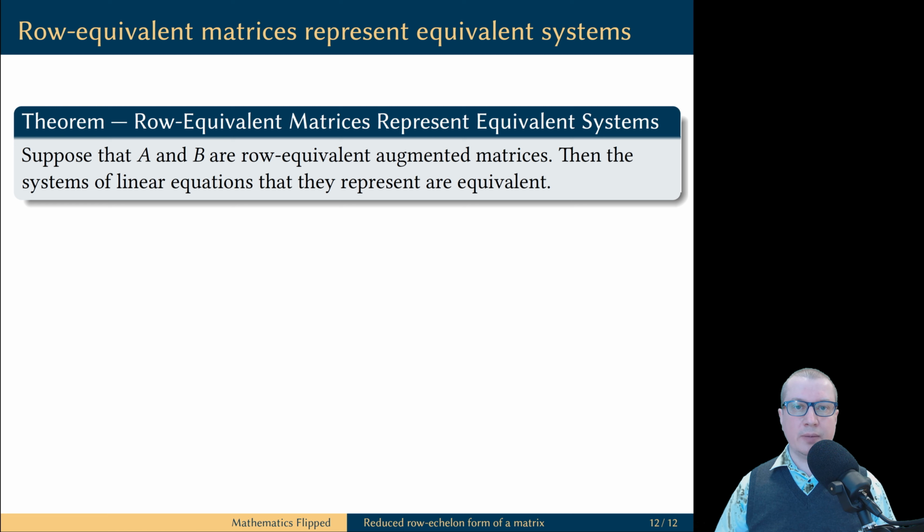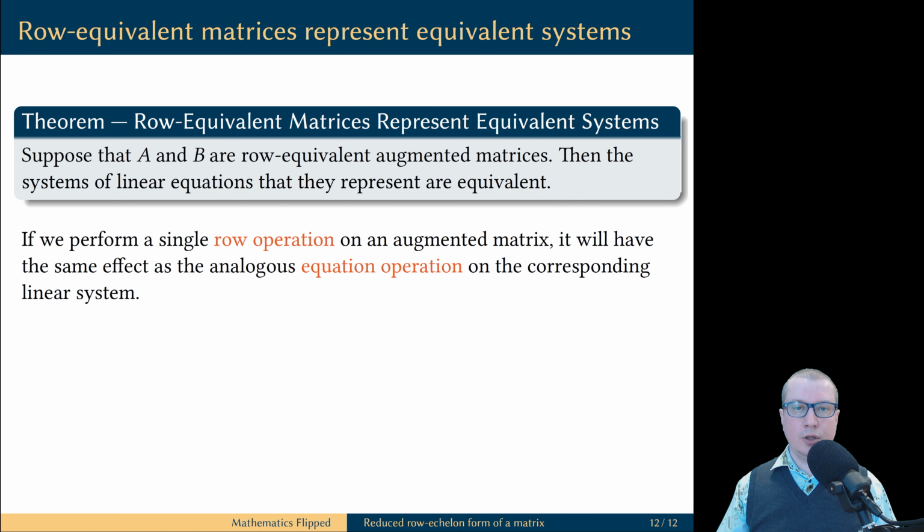The next theorem explains why we introduced the notion of row equivalent matrices. Our main motivation at this point is to solve linear systems. And if two linear systems have row equivalent augmented matrices, then the linear systems are actually equivalent. To prove this result, let's recall what we just discovered.